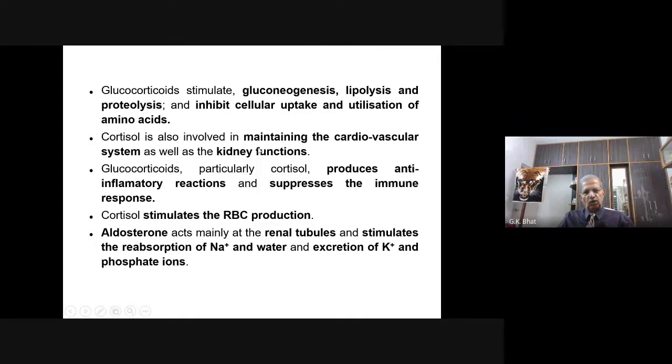Cortisol is also involved in maintaining the cardiovascular system as well as kidney function. Glucocorticoids, particularly cortisol, produce anti-inflammatory reactions and suppress the immune response. You must remember, inflammatory reaction, which you are also going to study in the 12th standard, is the first response of our immune system.